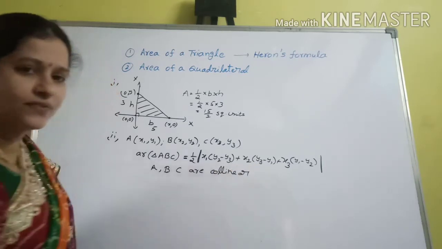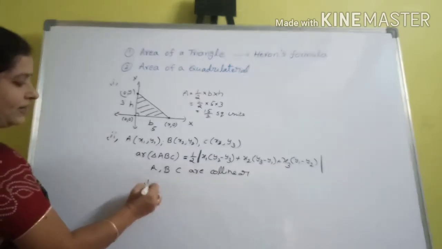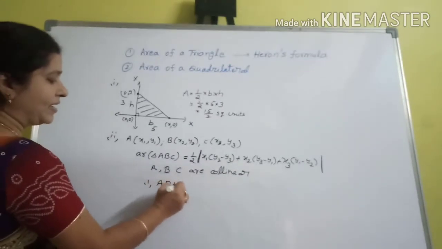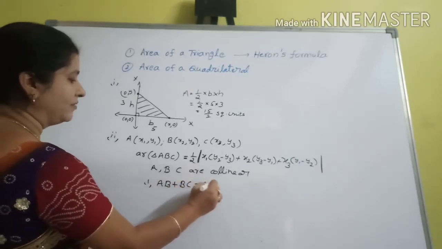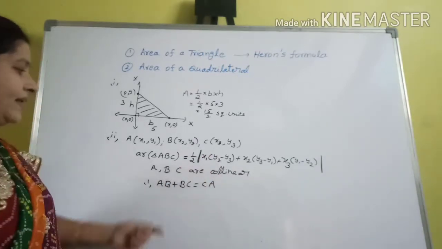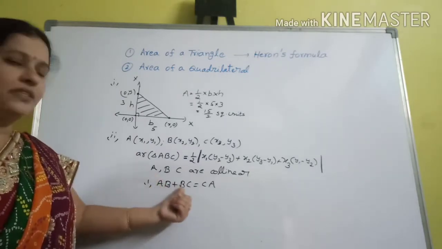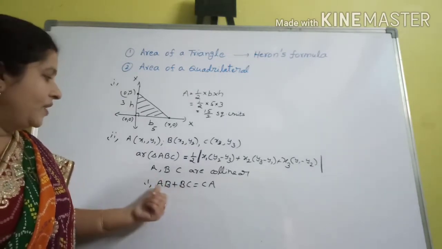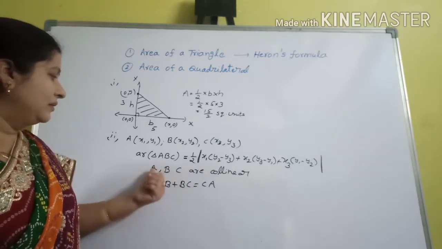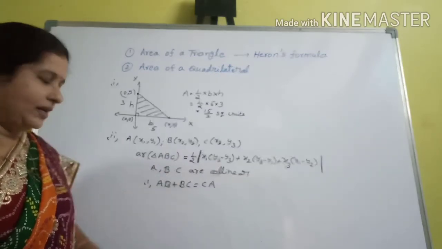What are the conditions for collinearity? First one is AB plus BC equal to CA. So by distance formula, you can easily prove that AB plus BC equal to CA. If AB plus BC equal to CA, these 3 points are collinear.